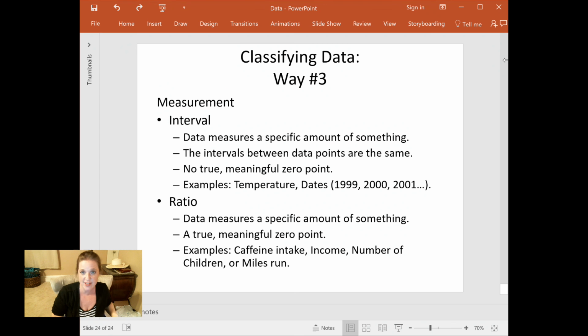In fact, if we switch to Celsius, we would no longer have twice as much. There wouldn't be a doubling of the degrees. Their ratios don't make sense. But if I have 2 children and somebody else has 4 children, because 0 means no kids, a person with 4 kids does in fact have twice the amount of children that I have. And the most quantitative, the most mathematically rigorous type of measurement is ratio.